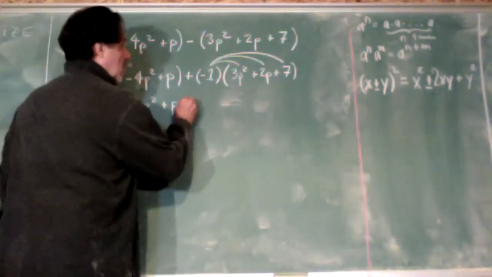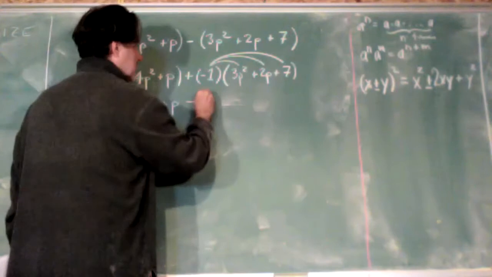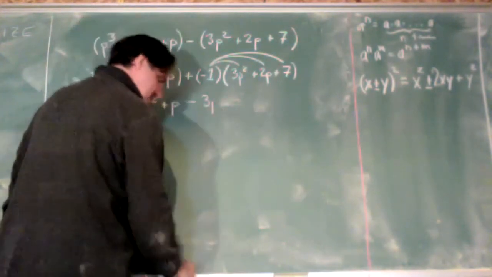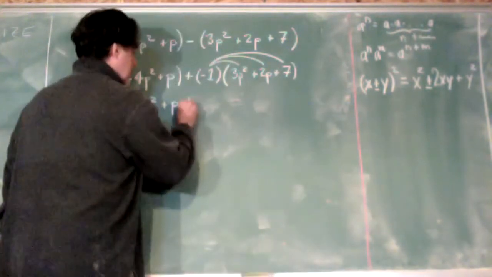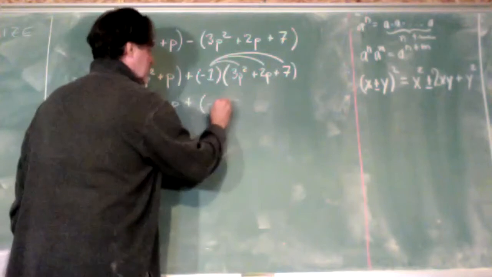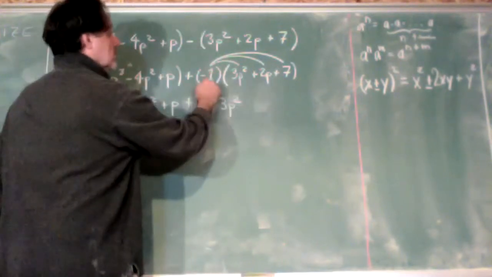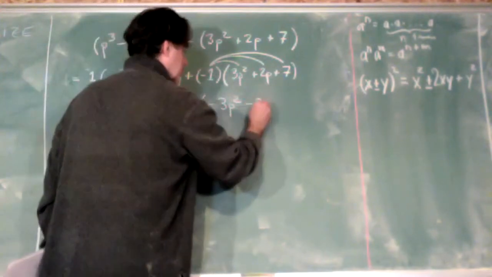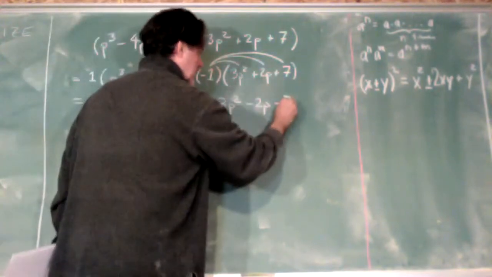And we distribute to all terms. So the minus 1 is distributed through to the first term, which gives us a minus 3p squared. Minus 1 times 2p gives us a minus 2p. Minus 1 times 7 gives us a minus 7.